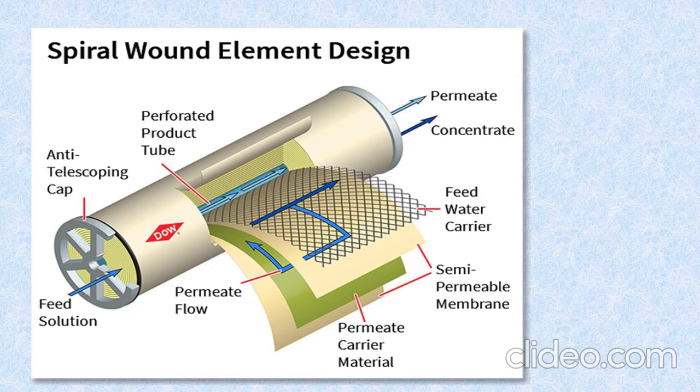Everything is rolled together to form a single unit, and in between we have a blue colored perforated tube for the traveling of water. The water travels and passes through the membrane and is filtered; the pure water is removed at one part and the concentrate is removed at the other end. So this is the cross-sectional view of our RO membrane unit.